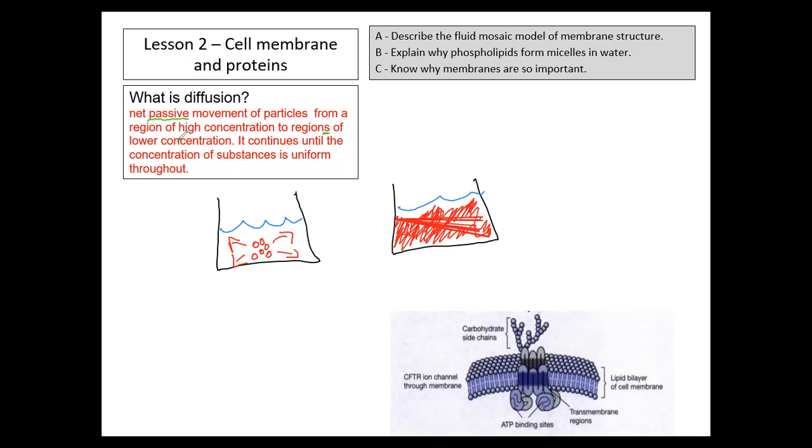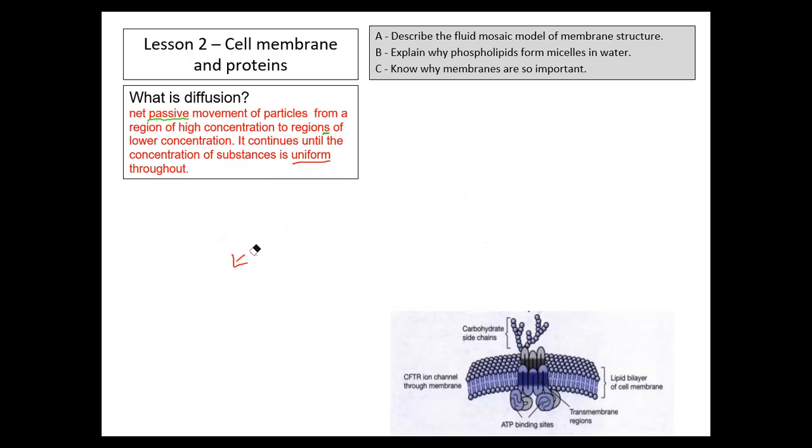So it continues until the concentration of substances is uniform throughout, so we've got some uniformity between it. They're all very equally spread out, so that's really quite important, and those extra little bits now at A level to remember for diffusion. So let's go back to mouse, let's close that, let's carry on.